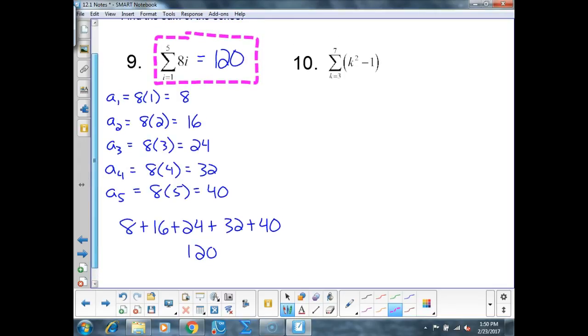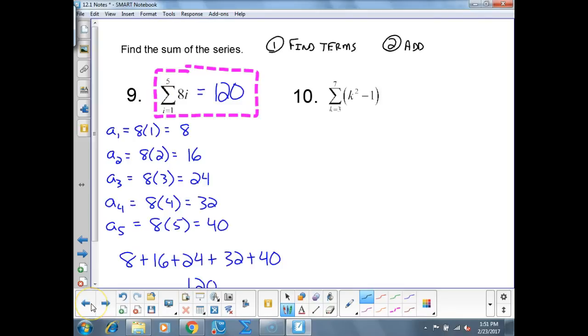Now you find me number 10. So the debate is, what term do you start at?